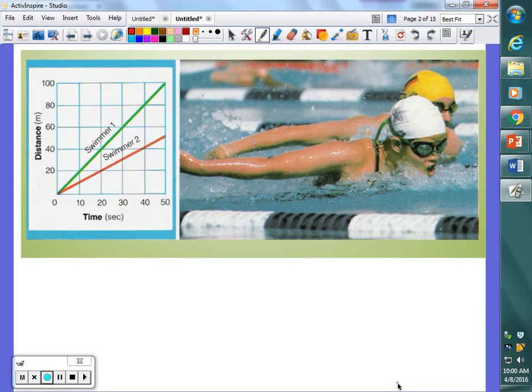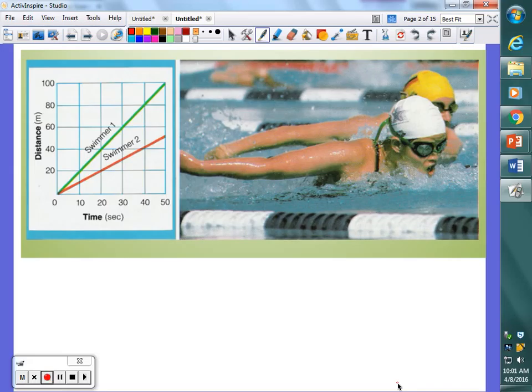Go. 40 meters. If it's a graph, right? You're on the right track. It would just be 40. 40 meters. Wouldn't it just be 40 meters? Write them down on the sheet.